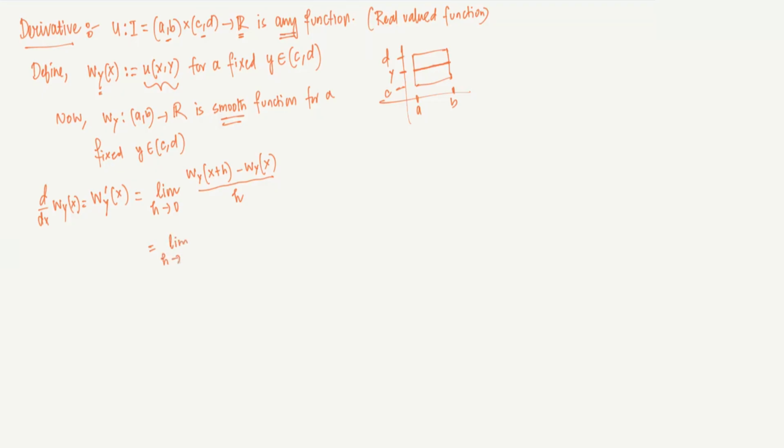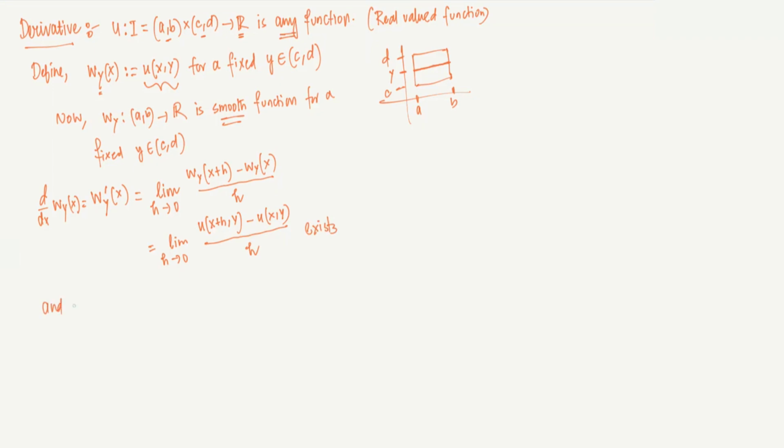So the limit as h tends to 0, if you put it together in terms of u, becomes u of (x plus h, y) minus u of (x, y), divided by h. So if w y is differentiable at the point x, then this limit exists.